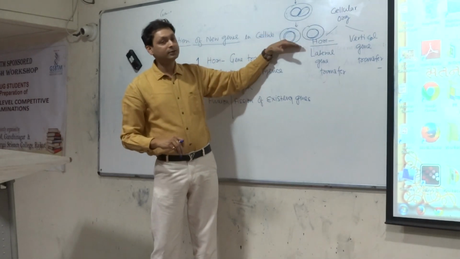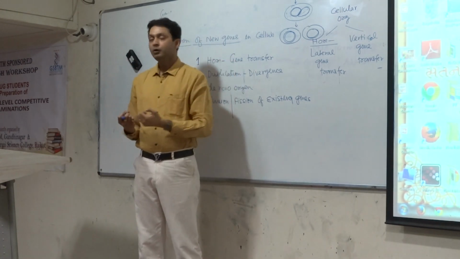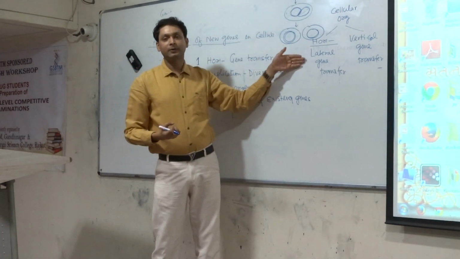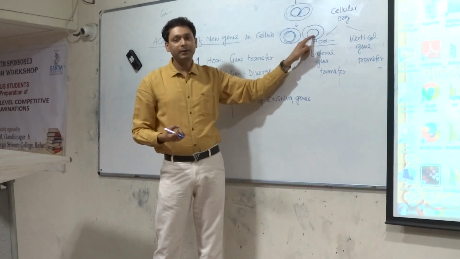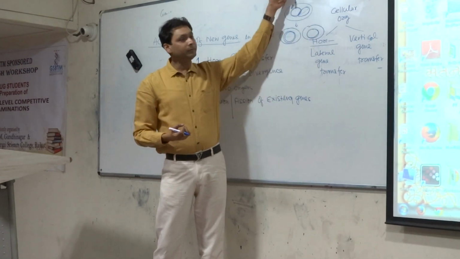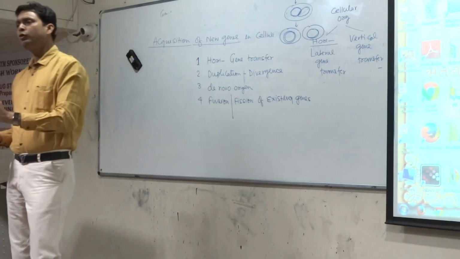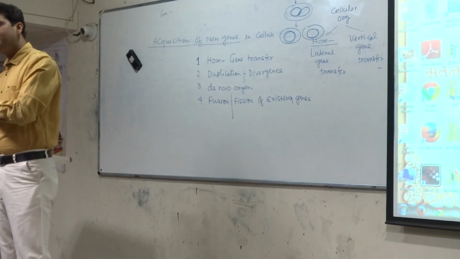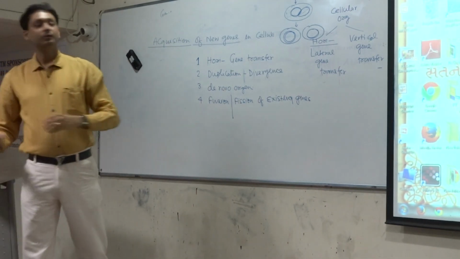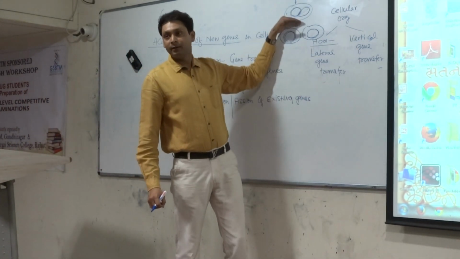In this condition, the new bacterial cell acquires the genetic material through vertical gene transfer. It means binary fission, an asexual mode of reproduction. If the organism acquires the DNA molecule or gene by this process, that is an example of vertical gene transfer. This is the case of bacteria.